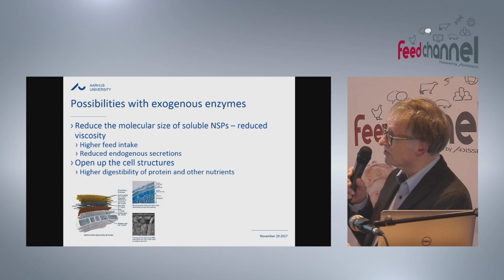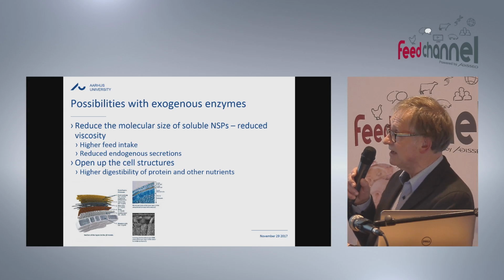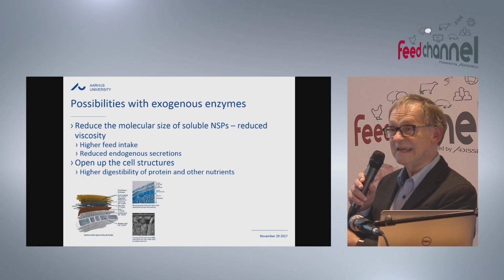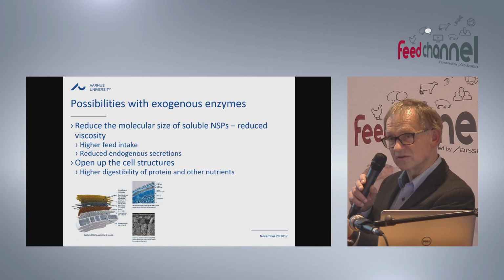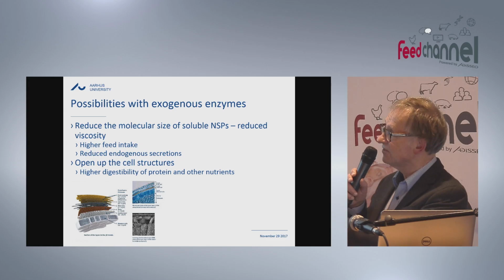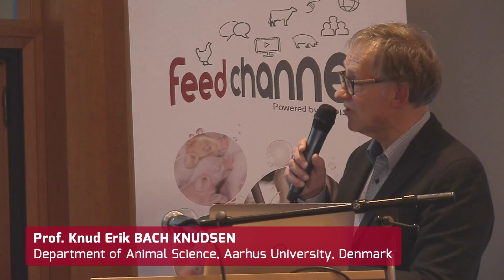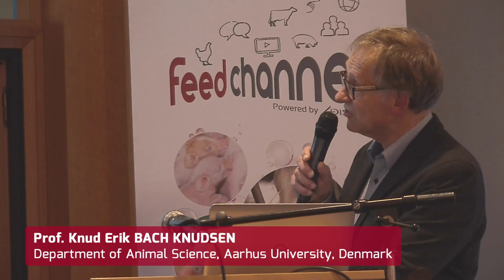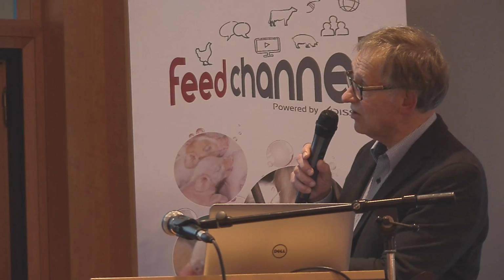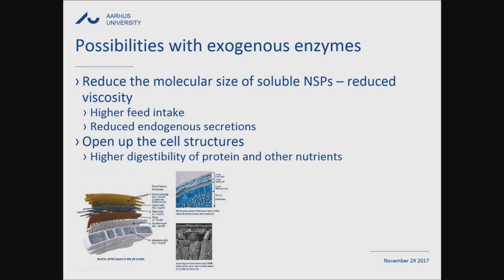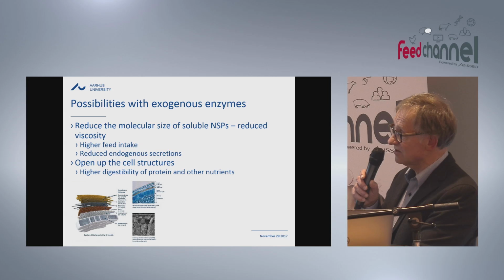It will probably also reduce the endogenous secretion, meaning that we will need less endogenous secretion to handle the same amount of feed passing through the gastrointestinal tract. And then it will also open up some cell structures. That means that we can have a higher digestibility of protein and other nutrients.